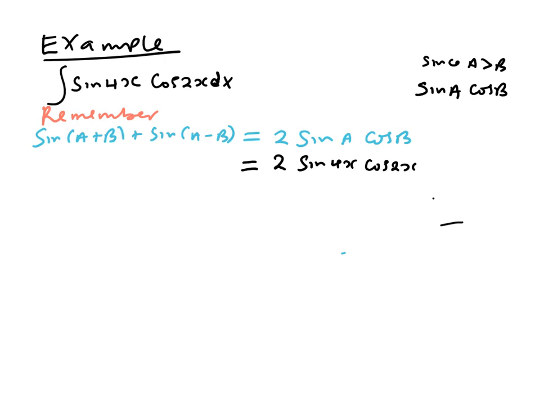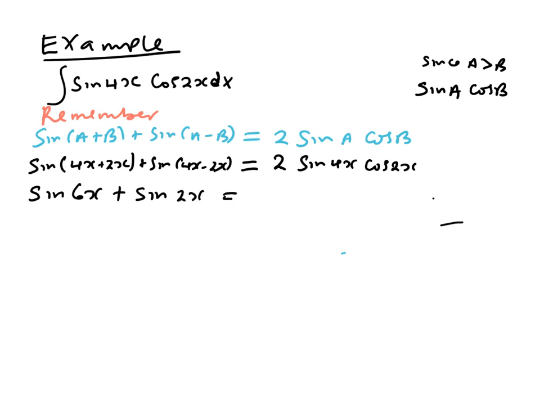This is going to be sine of 4x plus 2x, plus sine of 4x minus 2x. Let's now simplify. We have the sine of 6x plus the sine of 2x, which gives twice the sine of 4x cosine of 2x.